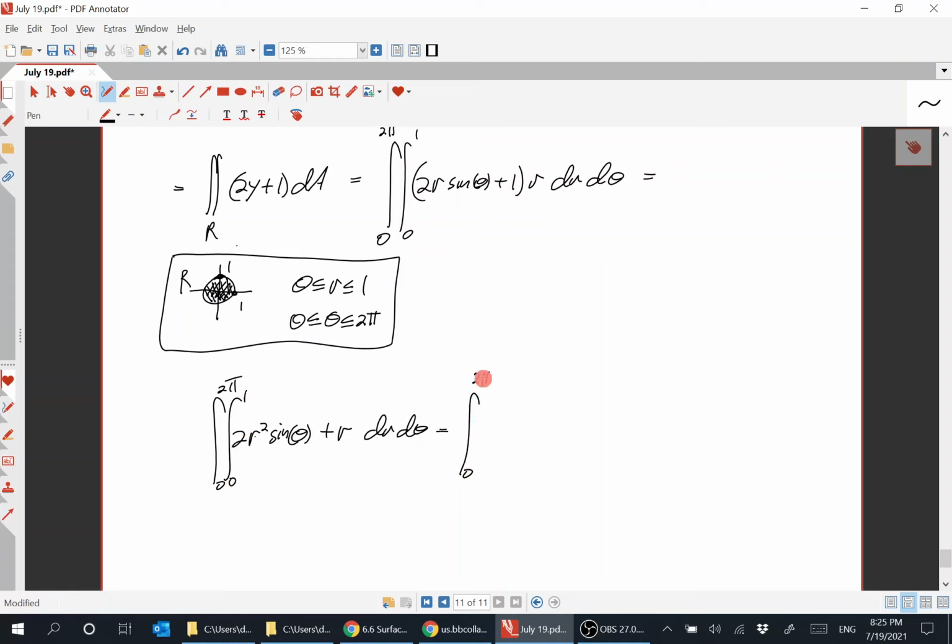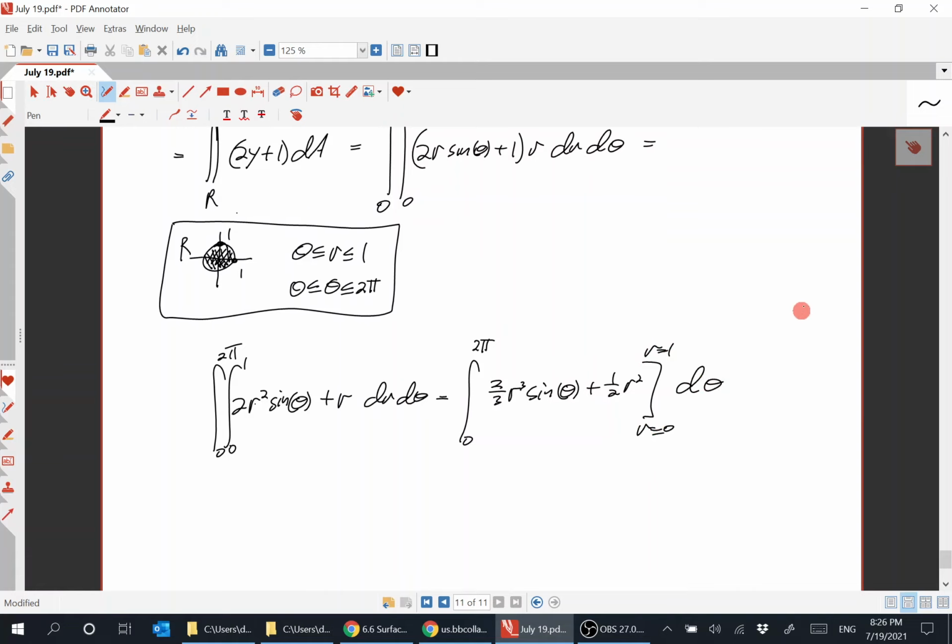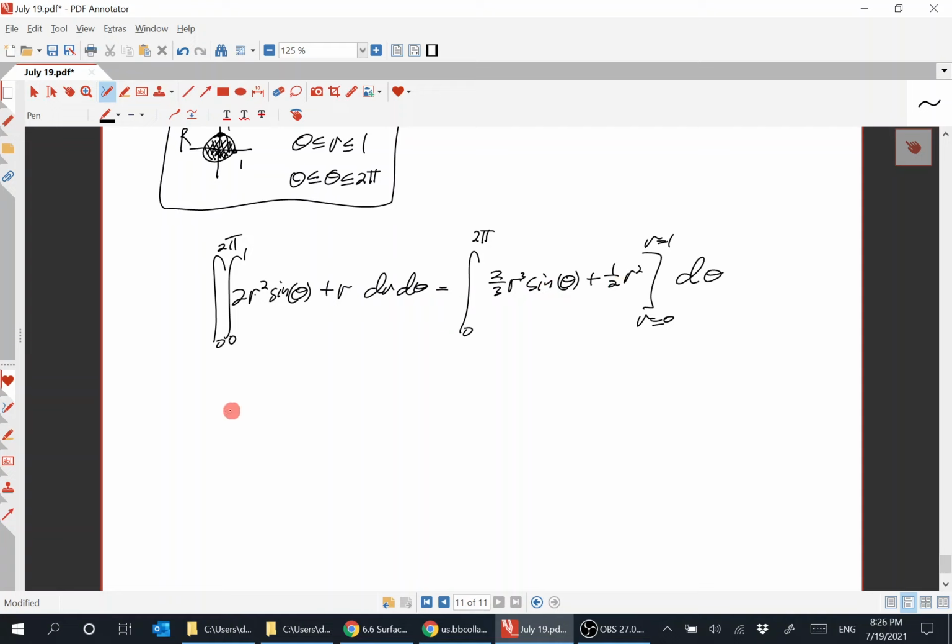Antiderivative for r, so that is 2/3 r cubed times sine theta plus 1/2 r squared, r equals 0 to r equals 1, d theta. So that just becomes the integral from 0 to 2 pi of 2/3 sine of theta plus a half d theta.